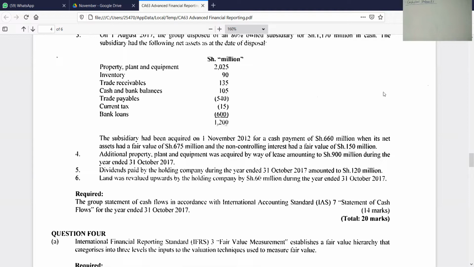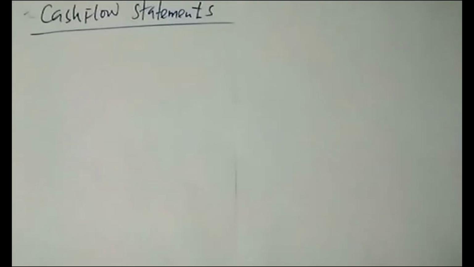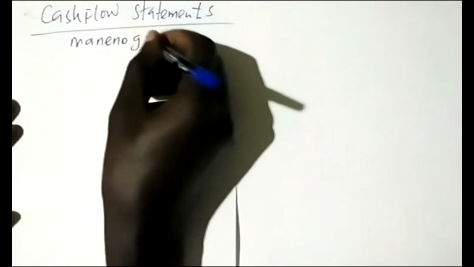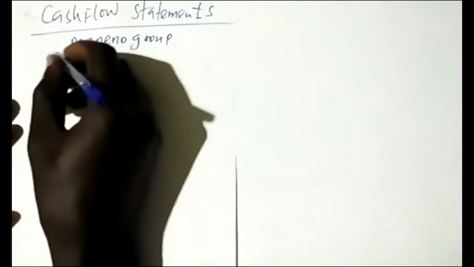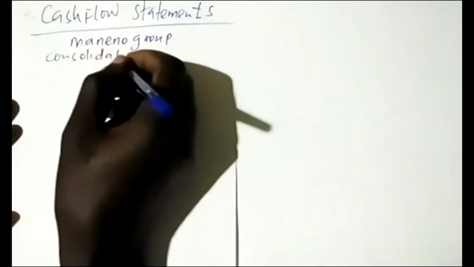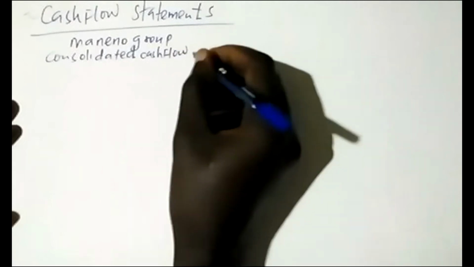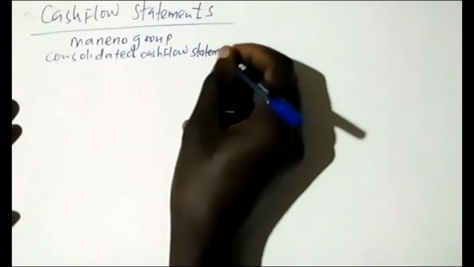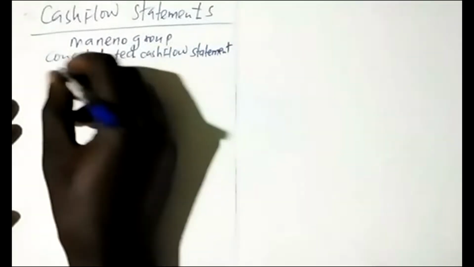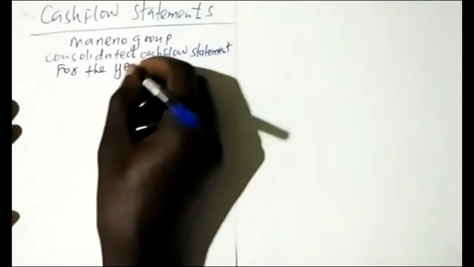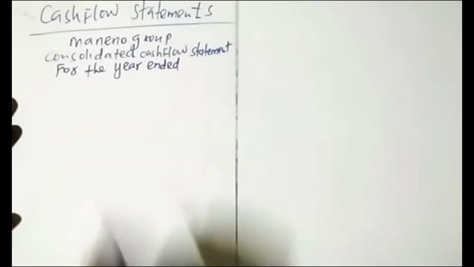So without wastage of time, you go direct to the question and write the heading. It's a question for Maneno Group, so we say consolidated cash flow statement for the year ended, so for which period?